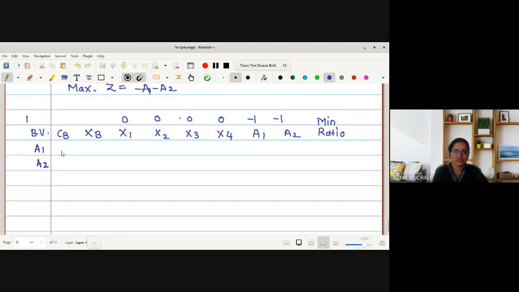Cost of these basic variables is minus 1, and the xb values are nothing but the right hand side constants, which is nothing but 4, 1. What is the column for x1? This is 2, 1. Column for x2 is 1, 7. For x3 this is minus 1, 0. For x4 this is 0, minus 1. And for a1 and a2, 1, 0 and 0, 1.